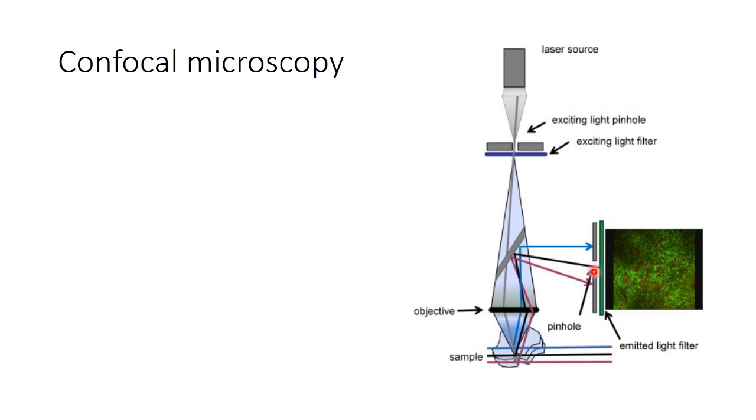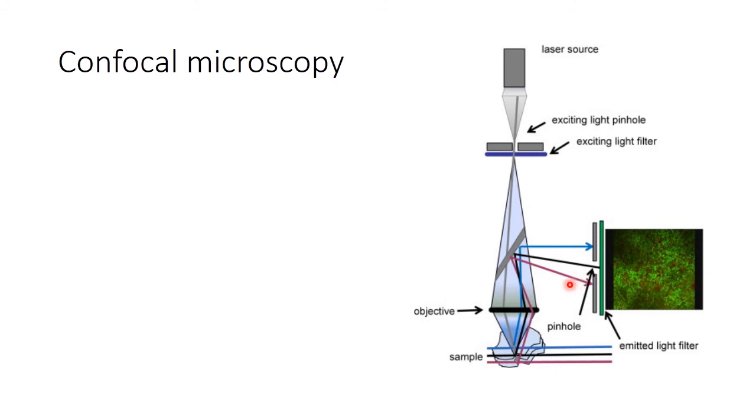The position of the pinhole can be changed. Say, for example, if the pinhole is moved upward, now the black ray of light will be blocked and the blue ray of light can pass through the pinhole and will be collected. Or if the pinhole is adjusted to a position lower than this, then the blue and black rays of light will be blocked and the red ray of light will be collected.